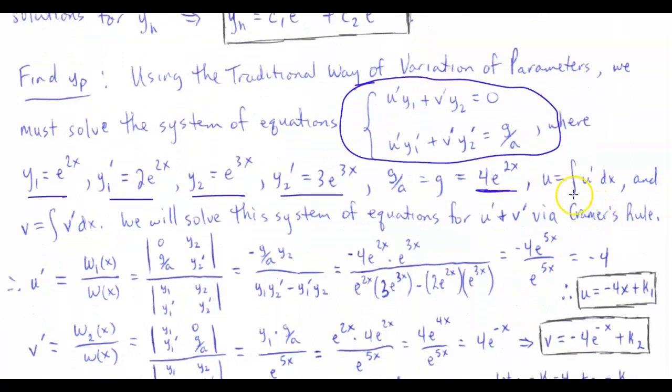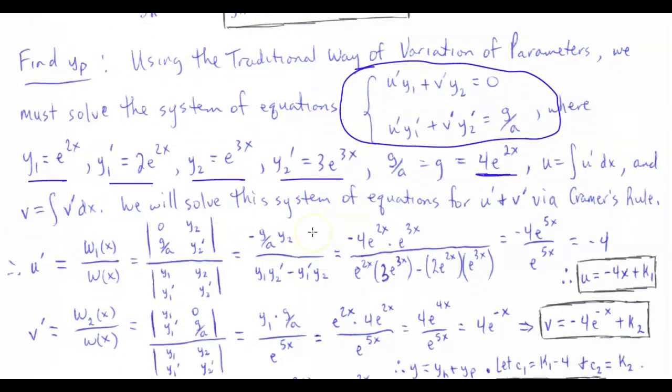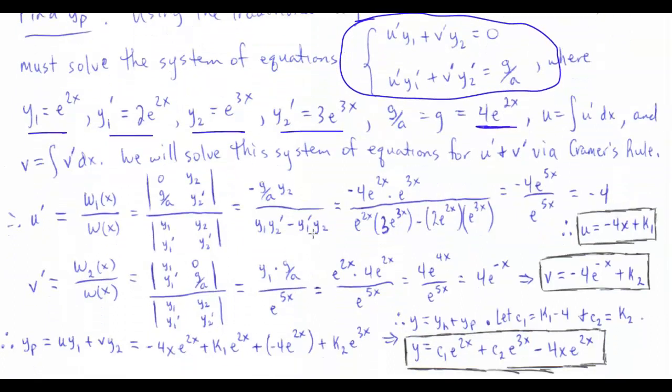We also know here that u is just going to be the antiderivative of u prime, and v is going to be the antiderivative of v prime. Okay. Now, when I solve this using Cramer's rule, what I'm inherently doing is figuring out what the root function will be, and I could do the whole integration constant thing whenever I figure out what u is.